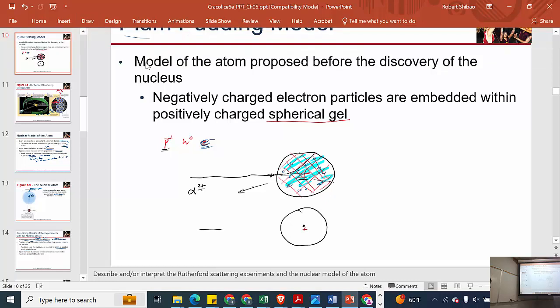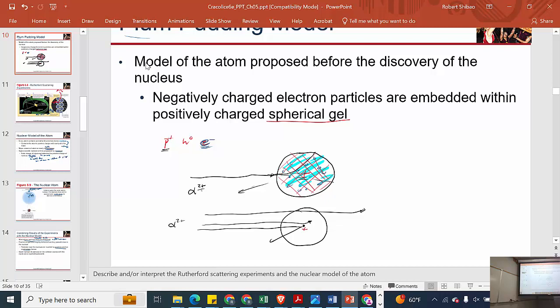So now if the alpha particle were to come in and hit the nucleus, then it would bounce off. If the alpha particle comes in and gets close to the nucleus, then it will be deflected slightly. If the alpha particle is far from the nucleus, then it's just going to go straight through. So these are alpha particles here.